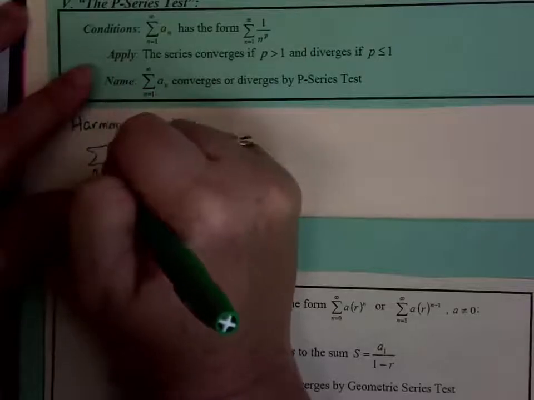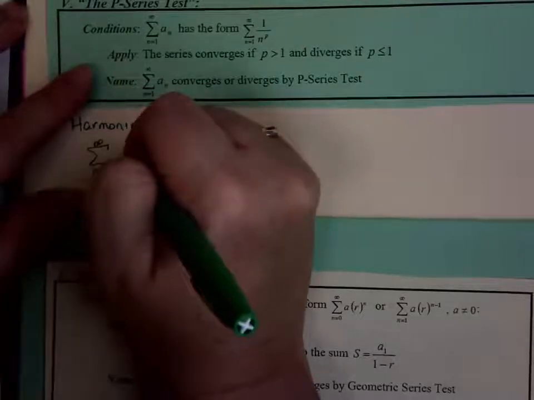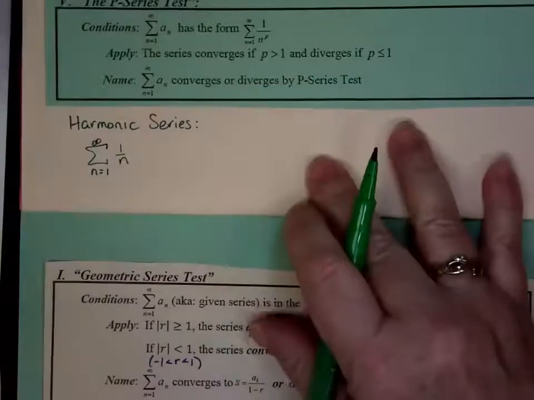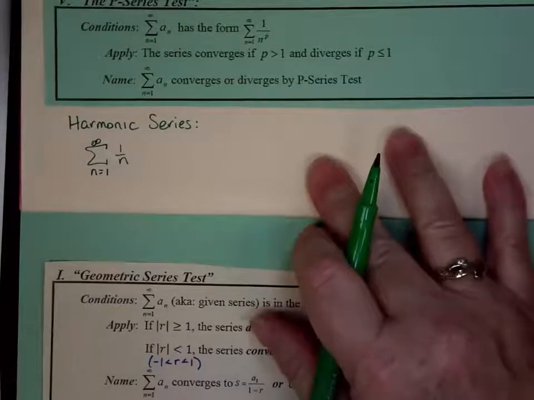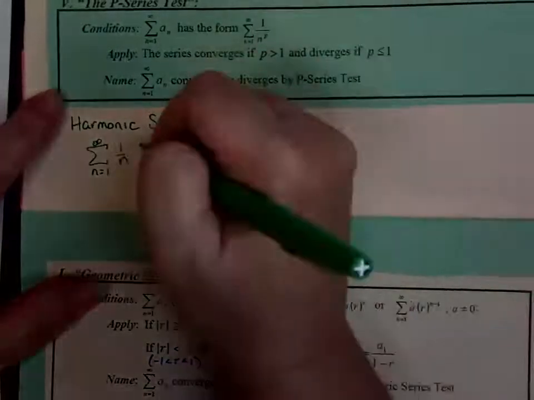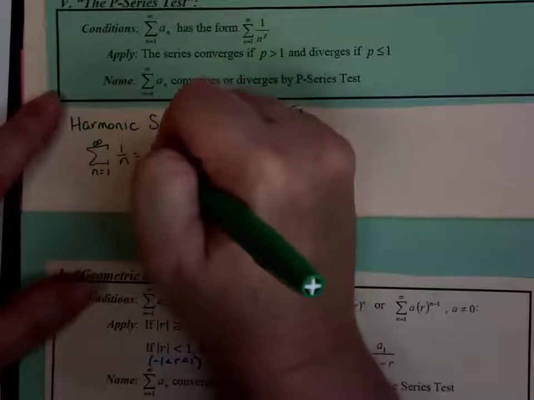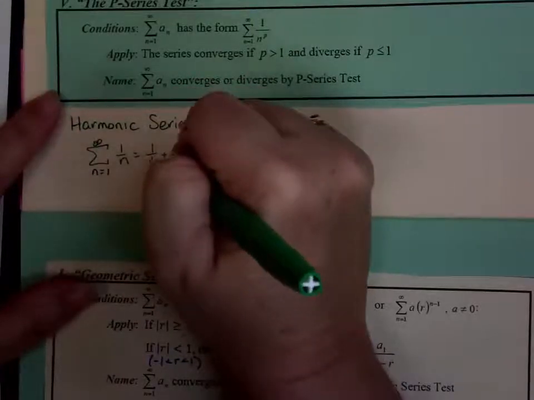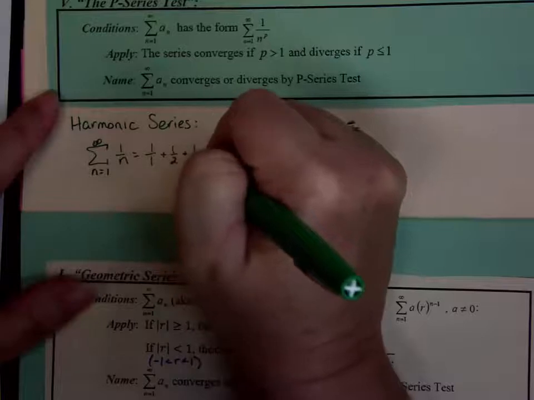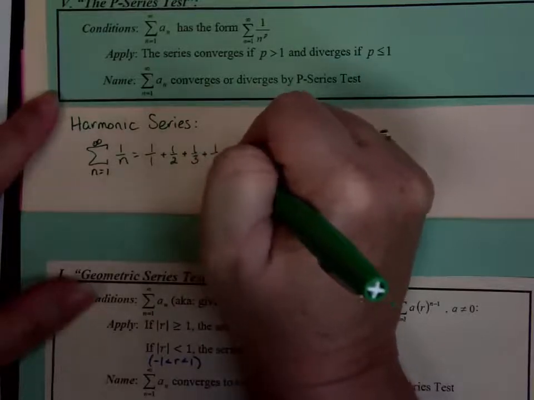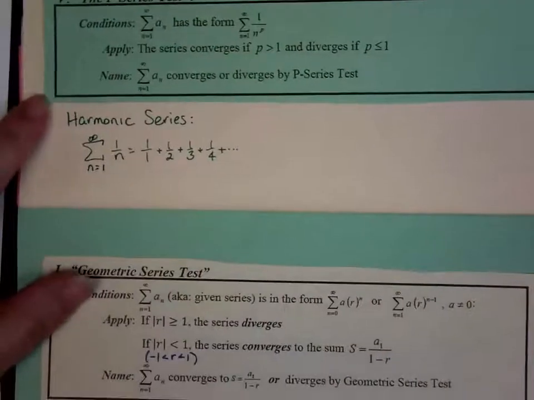It is n equals 1 to infinity of 1 over n, which happens to be 1 over 1 plus 1 over 2 plus 1 over 3 plus 1 over 4 plus dot, dot, dot. It goes on forever.